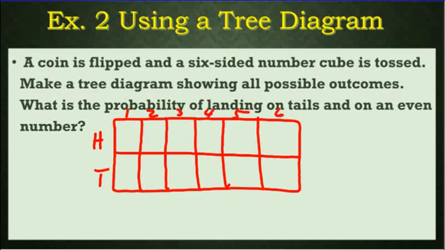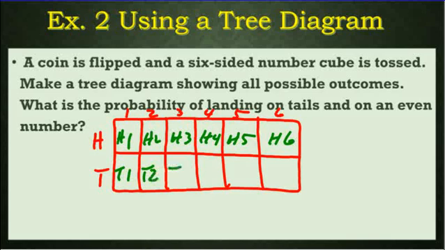So let's just fill it in. You could land on heads, but get a 1, heads and a 2, heads and a 3, heads and a 4, heads and 5, or heads and a 6. Or you can get tails and roll a 1. Tails and a 2, tails and a 3, tails and a 4, tails and a 5, or tails and a 6.